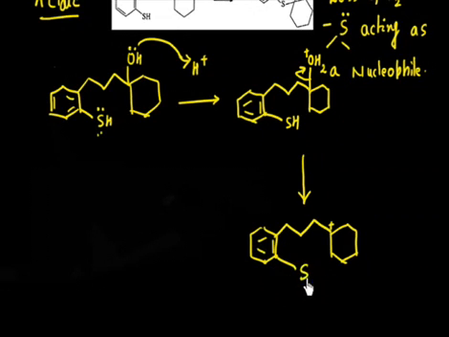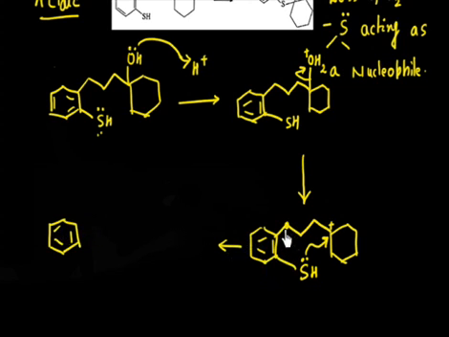And now you can attack with this lone pair here. So if you do this, what will you have? You will have a 6-membered ring this side, the benzene ring. But now you will have a 1, 2, 3, 4, 5, 6, 7-membered ring in the middle. So you have to have a 7-membered ring.